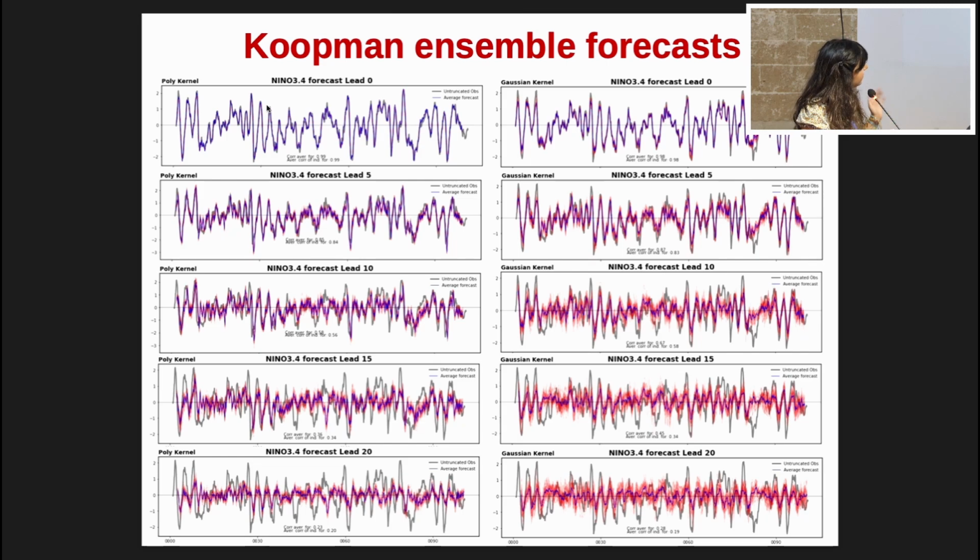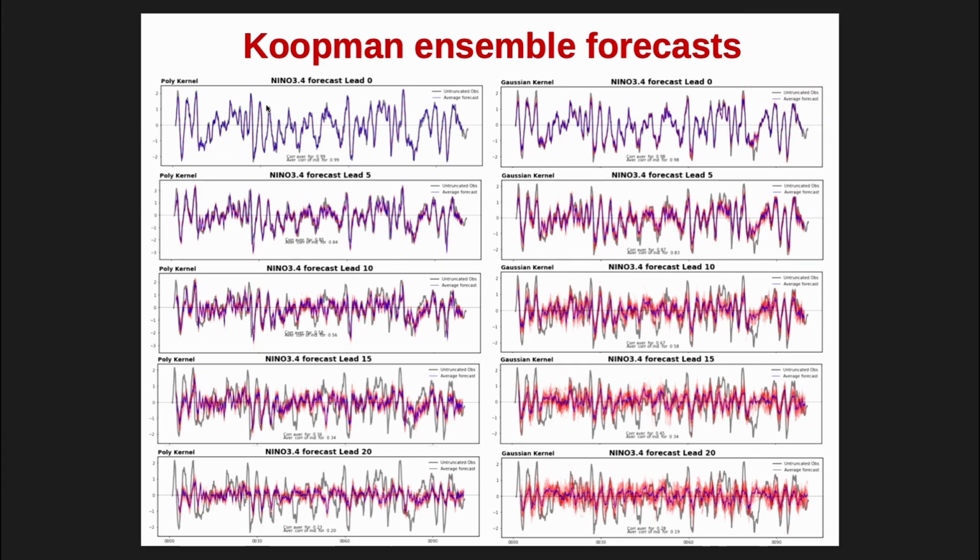And I really like this figure because I think it gives an idea of what is going on. Here we have the linear forecast, and here we have the Gaussian forecasts. The gray line in the background is the observations, or the model observations that we are comparing to. And each one of the 20 red lines, because you have to trust me, there are 20 different red lines in here, is one of the ensemble members that we computed.